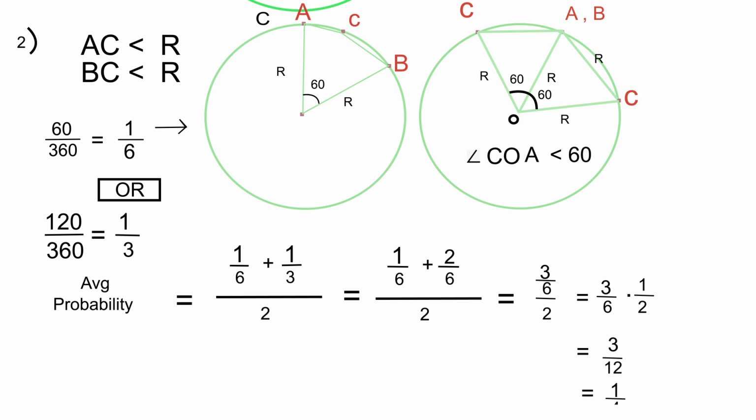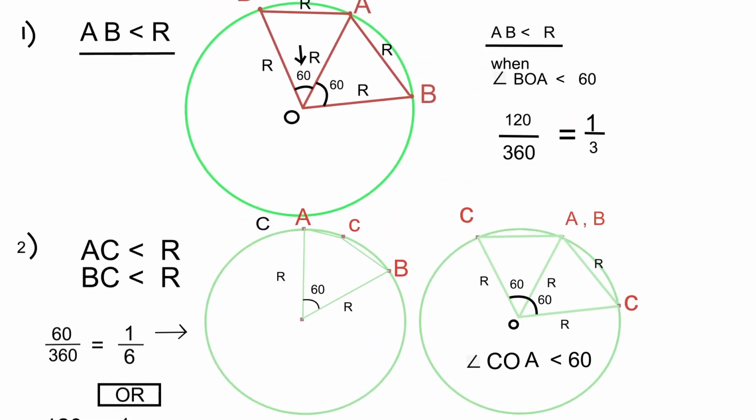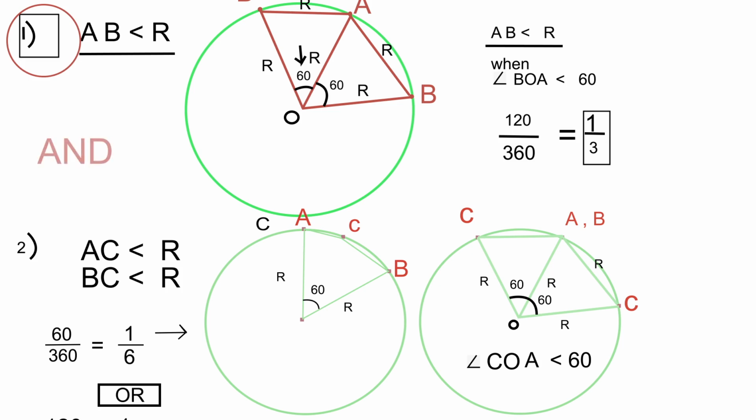All right? So 1/4 is this scenario right here, scenario number 2, and 1/3 was the probability for scenario number 1. Now we want all these scenarios together. So this and this guy right here.